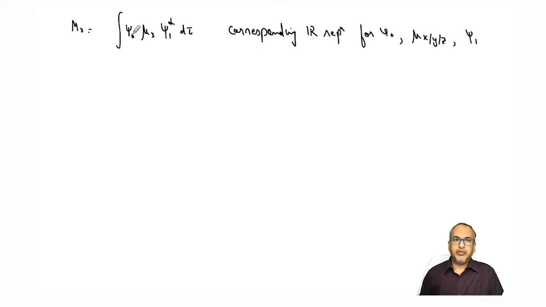Okay. So now how do I find out the IR representation for psi 0 and psi 1? We have discussed a few examples earlier where it was given to you that psi 0 is this and psi 1 is this. But now let's say we want to know how to identify the IR representation. So let us see the wave function of a normal mode.